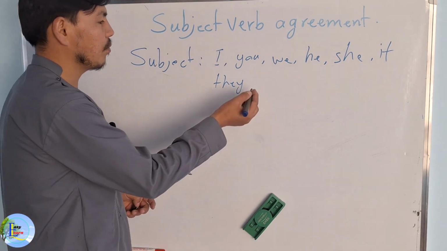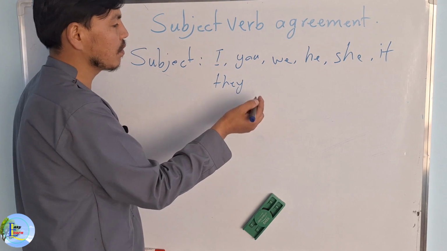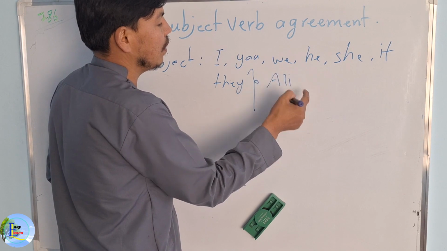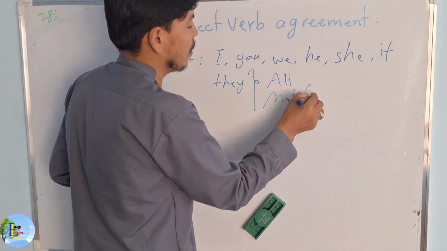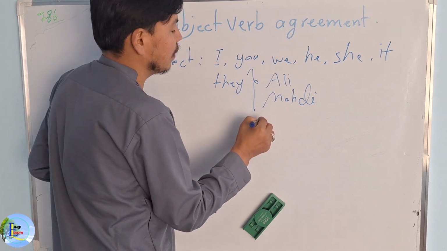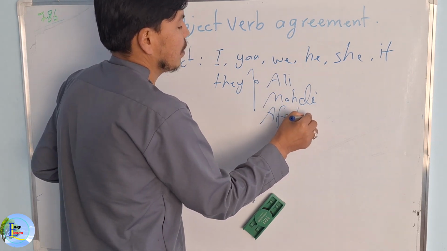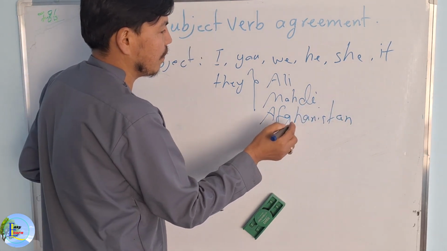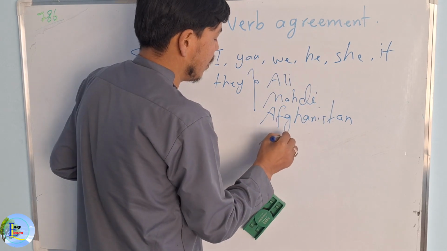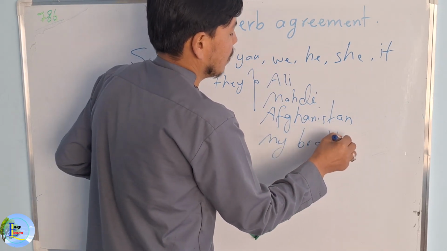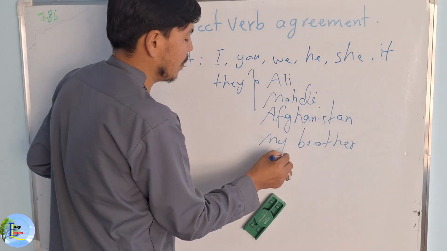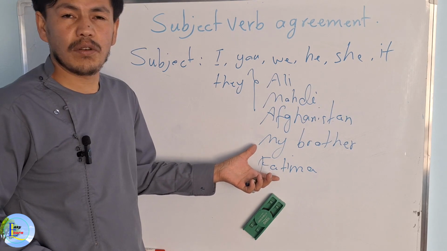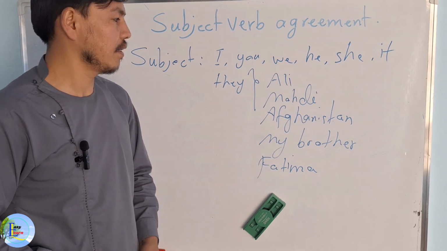Instead of them, I can use, for example, Ali, Mahdi, the name of a country like Afghanistan, or I can say my brother, or Fatima. These are the subjects of verbs in a sentence.